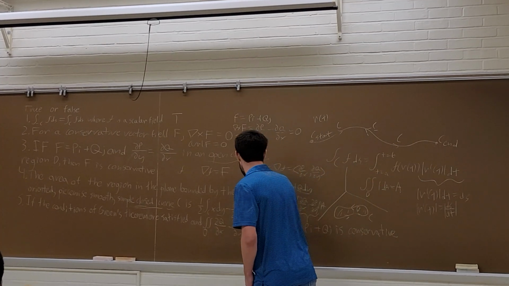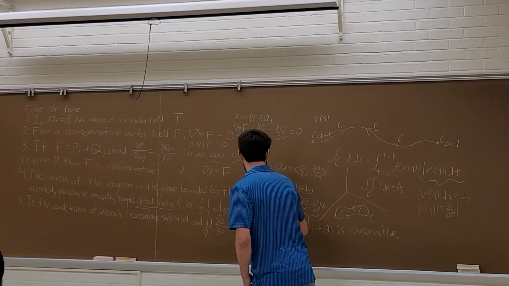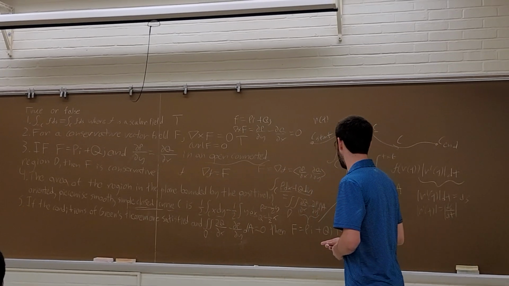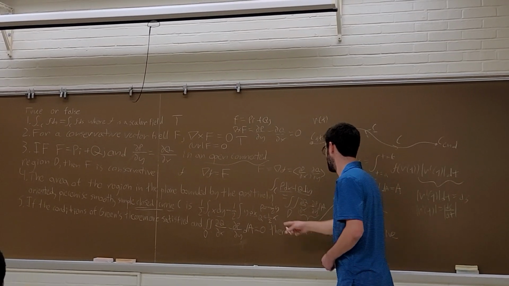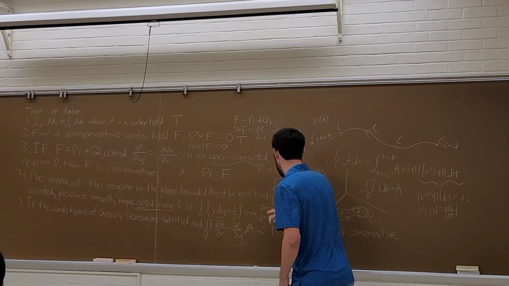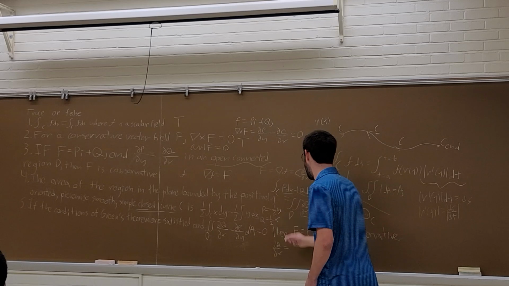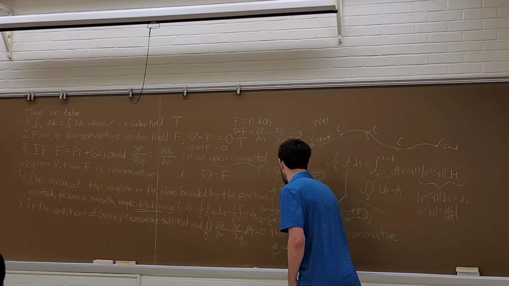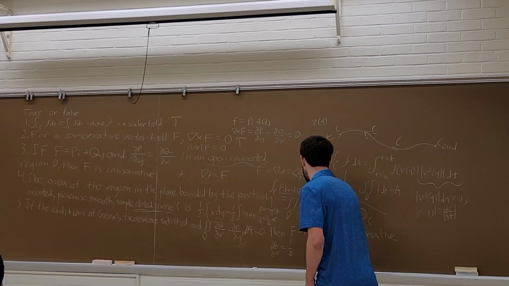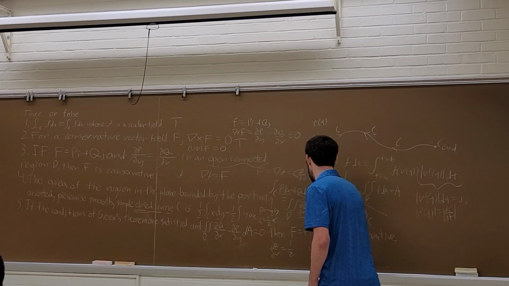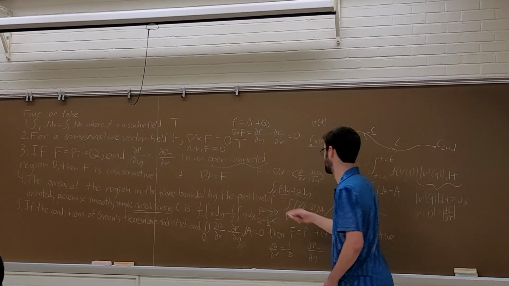So then Q is equal to 1/2 x. Now we'll figure out what this difference here is. If that is what P and Q are, we'd have dQ dx equal to 1/2 because Q is 1/2 x. And dP dy would be equal to minus 1/2 because P is equal to minus 1/2 y.